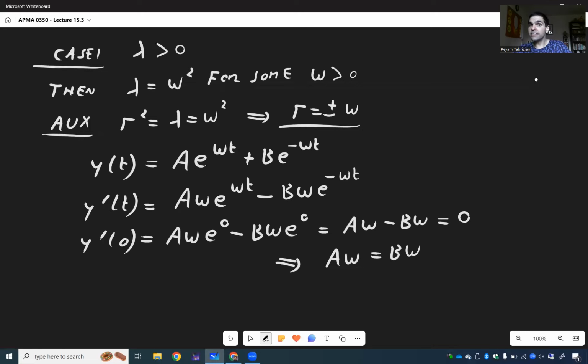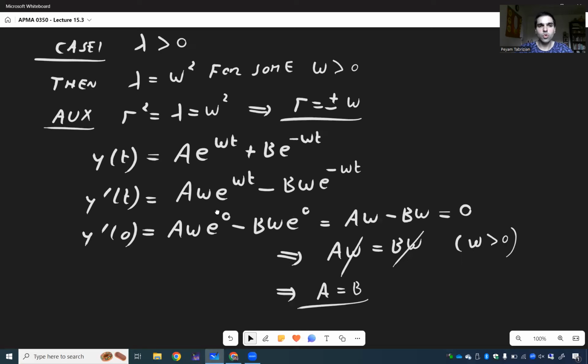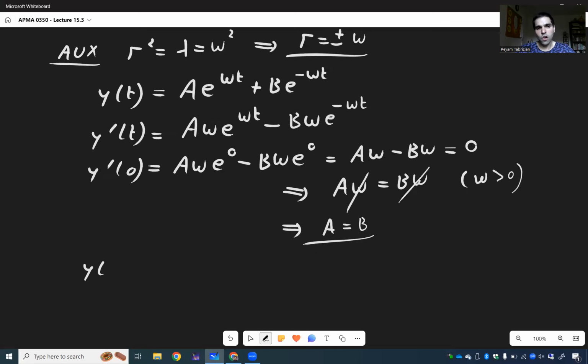Now we want to cancel out omega, which we can because remember, omega is positive. So in fact, you get a equals b. In which case, our solution so far is a e to the omega t plus, not b e to the minus omega t, but a e to the minus omega t, since a is b.